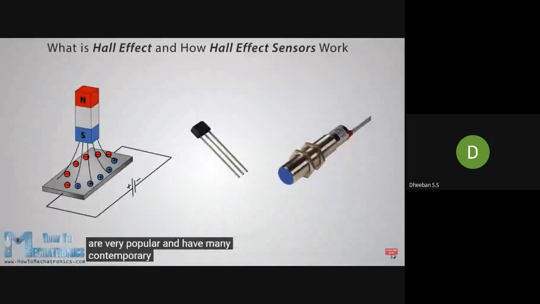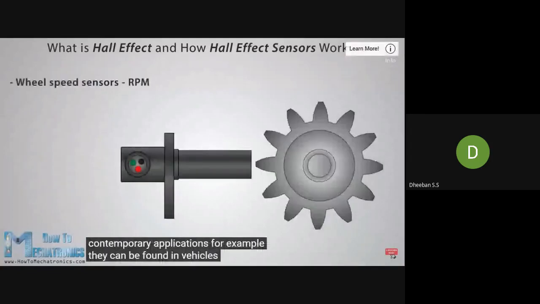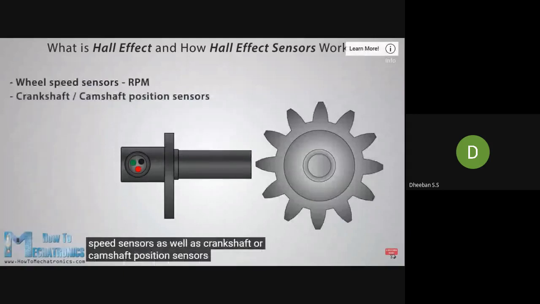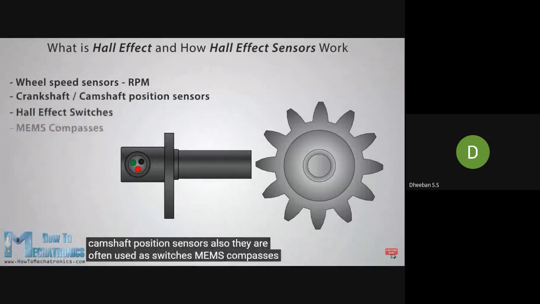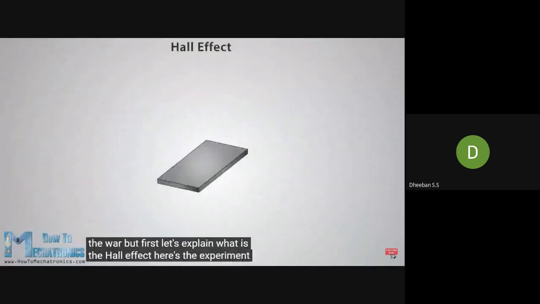For example, they can be found in vehicles as wheel speed sensors, as well as crankshaft or camshaft position sensors. Also, they are often used as switches, MEMS compasses, proximity sensors, and so on. Now, we will go through some of these sensors and see how they work, but first let's explain what is the Hall effect. Here's the experiment that explains the Hall effect.